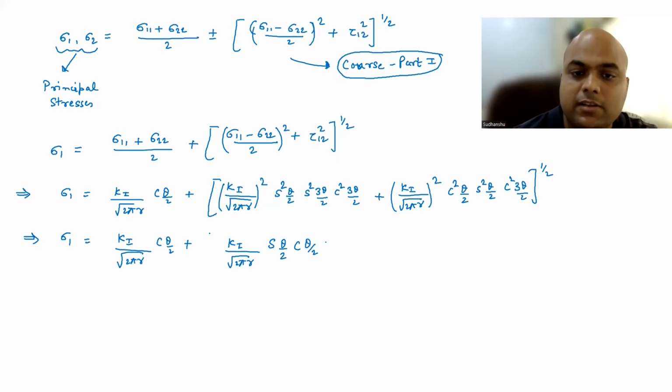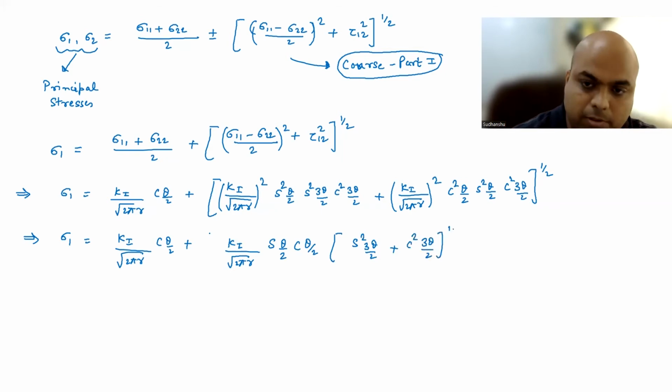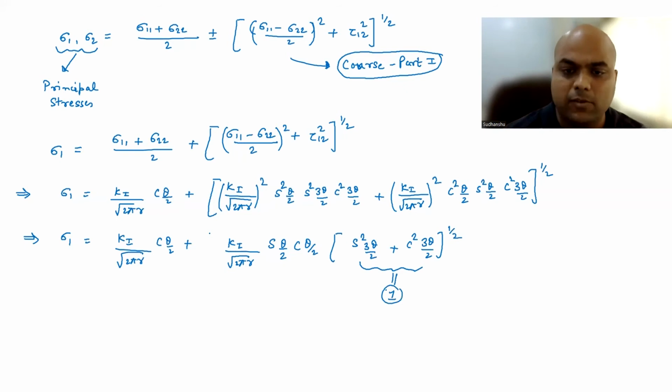So s square theta by 2 will become s theta by 2 and then similarly it will be c theta by 2 and then we are left with s square 3 theta by 2 plus c square 3 theta by 2 to the power half. Now this value is equal to 1. Sin square theta plus cos square theta is equal to 1. Okay? So now sigma 1 if we calculate is going to be K1 divided by root 2 pi r.